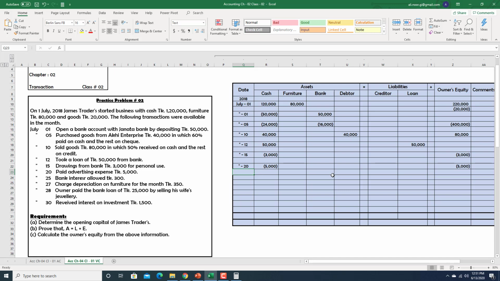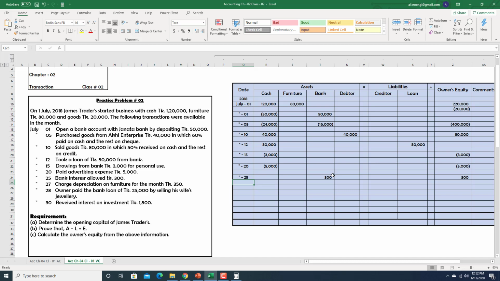It will always transact with you through your bank account. So for July 25, it will definitely increase the bank account. So 300 into the bank account, and definitely this is a revenue or income account, so it will also increase the owner's equity account. So this is the solve of the July 25 transaction.